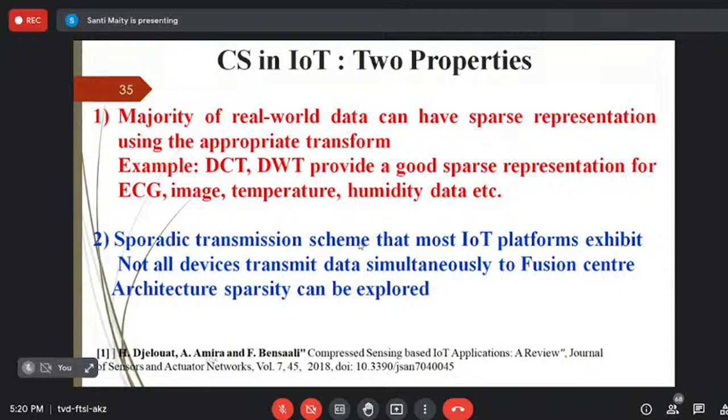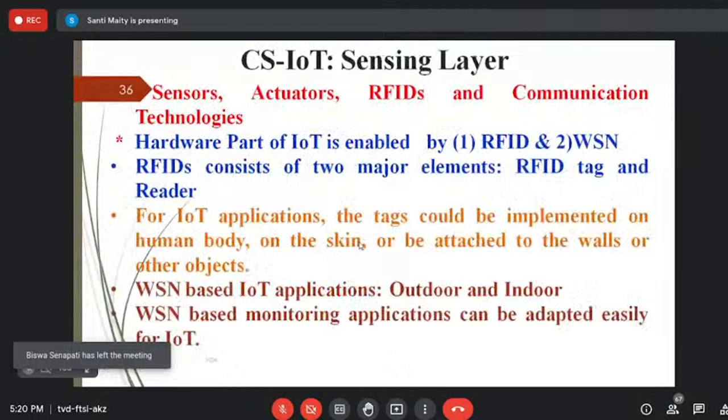Architecture sparsity can be exploited. Remember, architecture sparsity means at one point of time some nodes are effective and others are in sleep or silence mode. So the network architecture can be exploited. These two attributes make CS a potential fit for the IoT implementation framework.